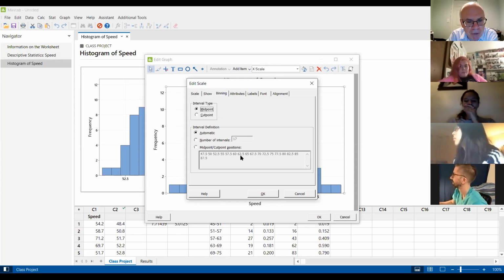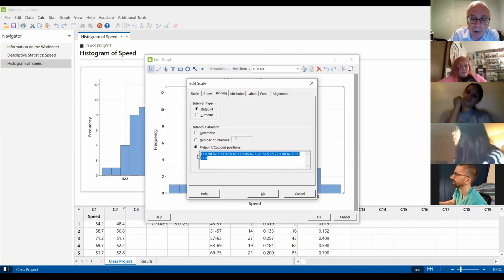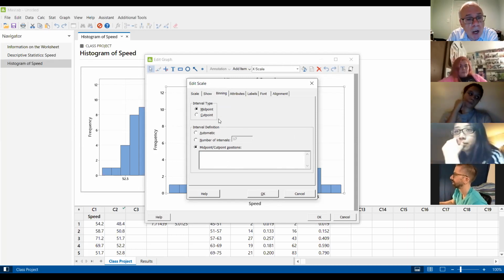Now, unfortunately, they have what I put in here before, so I'm going to get rid of all this. Actually, this is what defaulted, all this here, which is kind of crazy. Now, what do I want? I want 8 bins, or 8 classes, and I want them to be of a length 6.